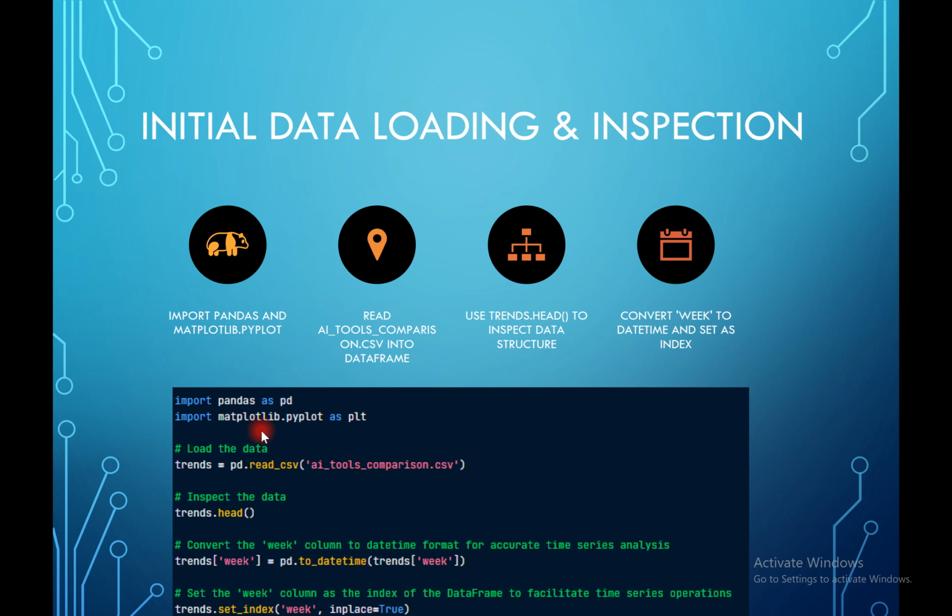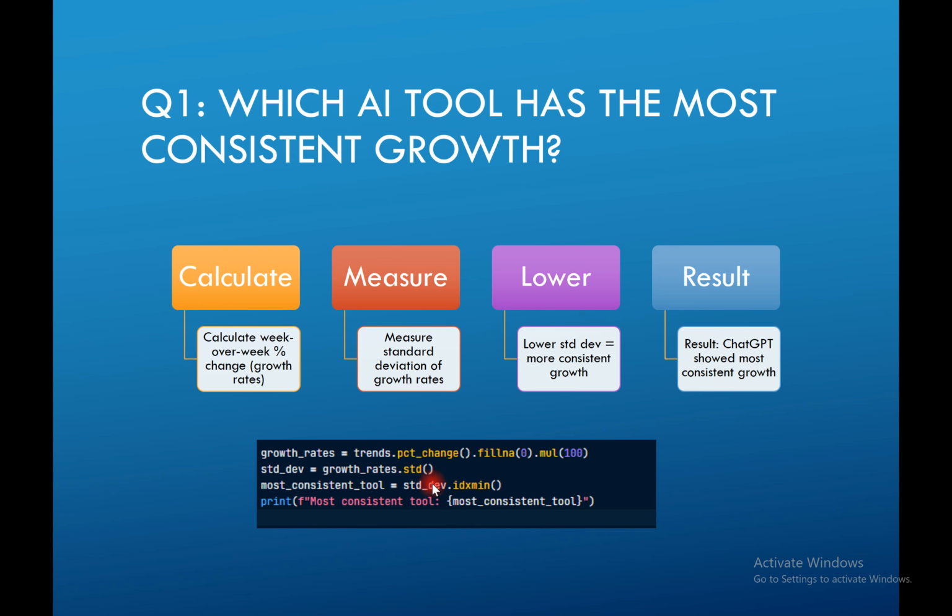In the code, we have the file we uploaded, which is the AI tools CSV, and we converted the week column's data type for accurate time series analysis. So if you go to the fifth slide, which is the question on consistent growth.